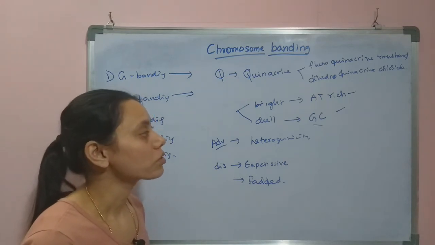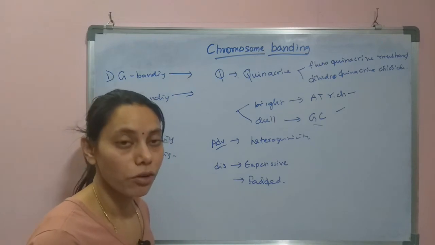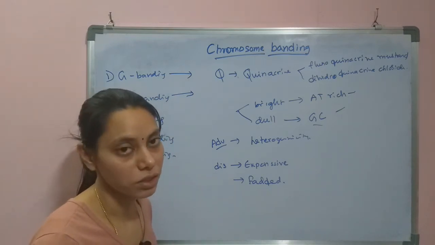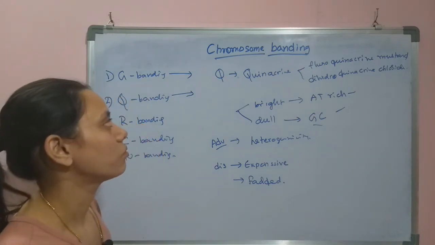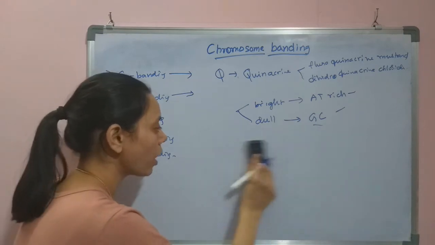Because of this rapid fading of the bands, we need to take the image as soon as it is produced. That is the way it is resolved. So this is all about the Q banding.